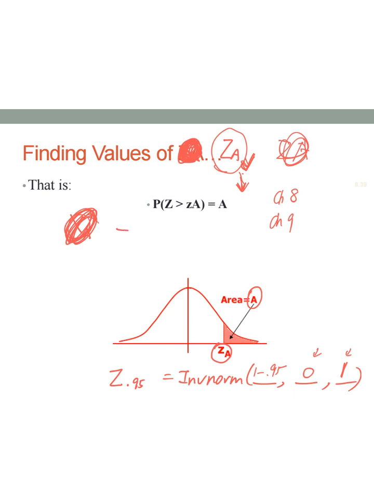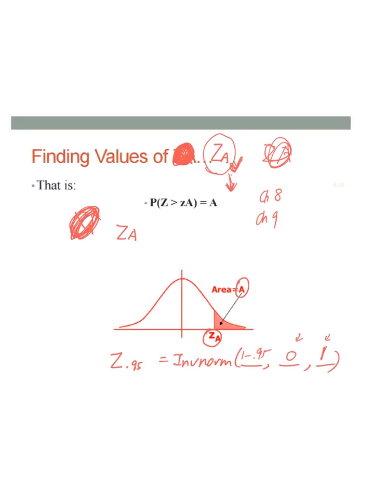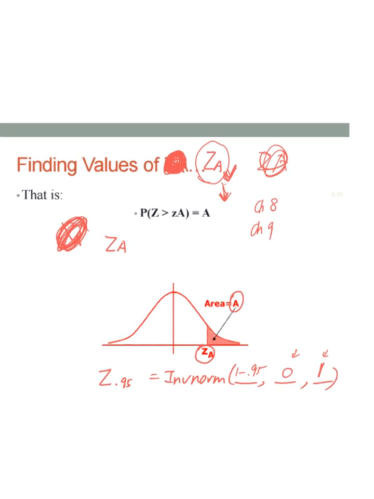And if you see this notation Z sub A, could you see my handwriting? Could you see my handwriting for Z sub A? So in the future, if you see Z sub A, you just use the inverse norm function.